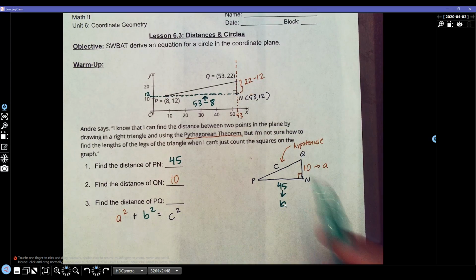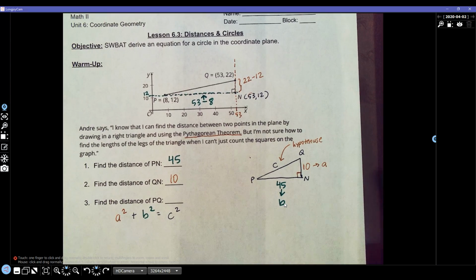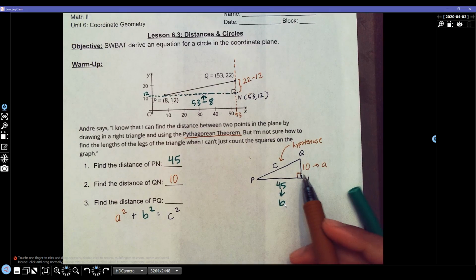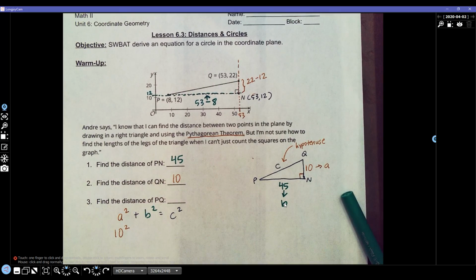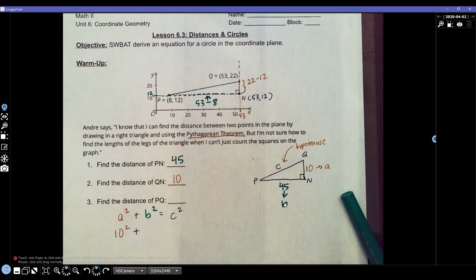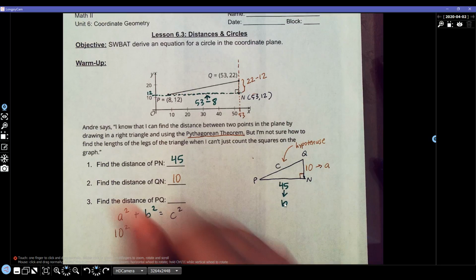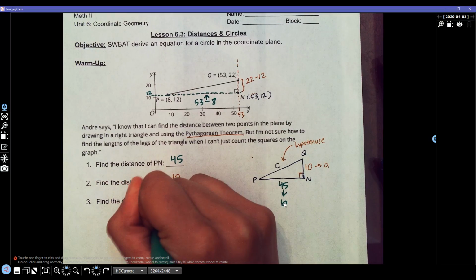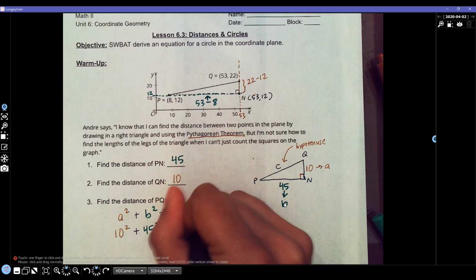So now we can plug these values into the Pythagorean theorem and solve for c. We know our a is 10, so I'm going to put 10 squared plus, we know our b value is 45, and we are trying to solve for our c.